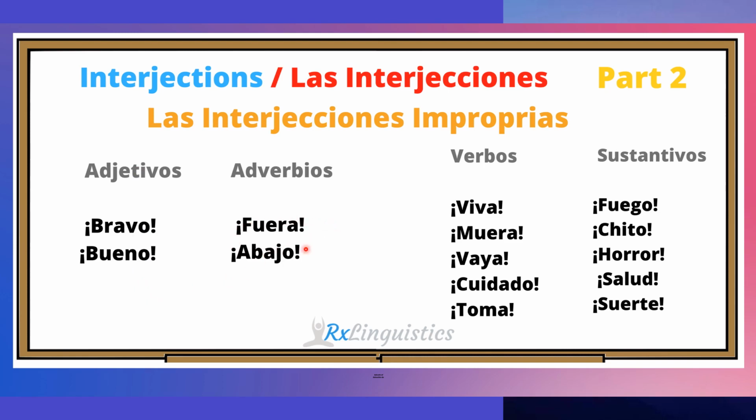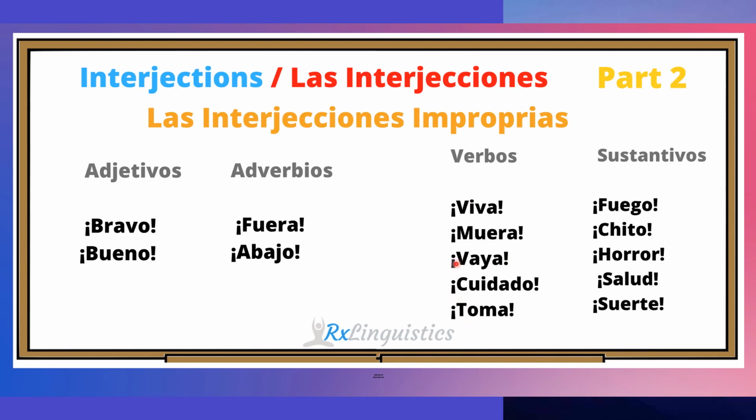Fuera, which denotes something outside, external, and abajo, which denotes under, are adverbios. These are verbs: viva, muera, vaya, cuidado, toma.